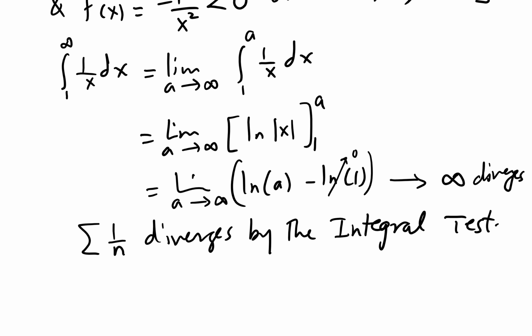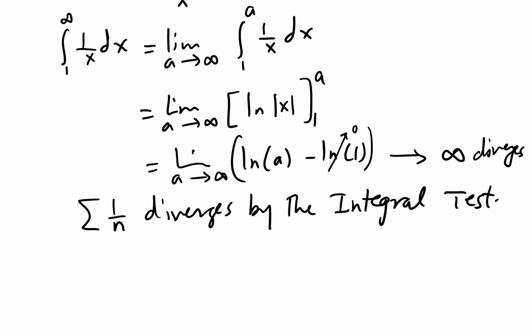As another example, we know 1 over n squared converges. If you try the integral test, it will show you it converges. But let's look at another example.